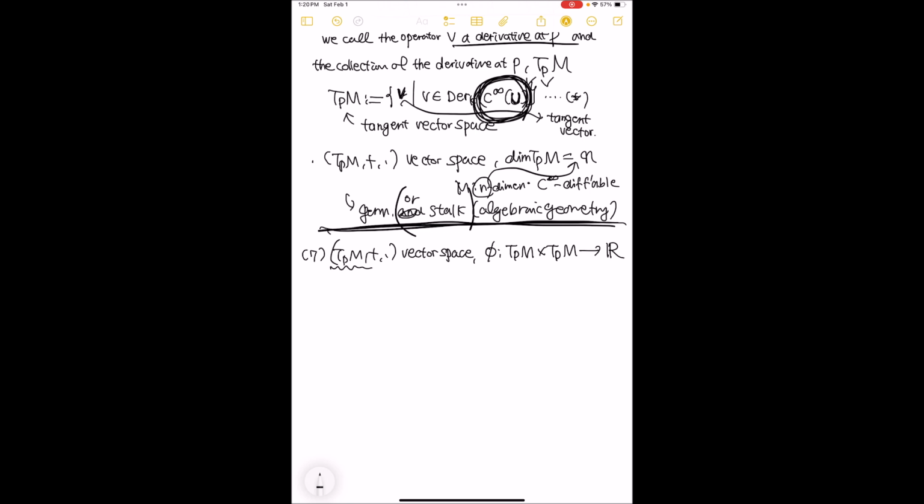We can think about the following bilinear map such that for any neighborhood with a local coordinate, we can define, take a vector, choose two vectors, that is written as g_ij.